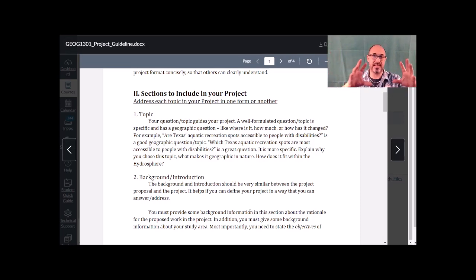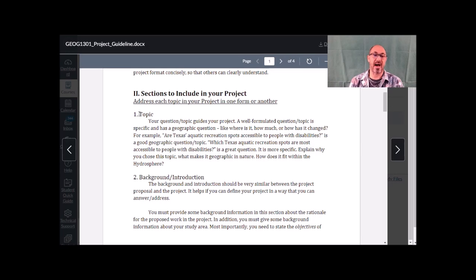Now, this doesn't mean take your project proposal word for word and then just add a little bit more to it. For every sentence or paragraph or point that you have created in your project proposal, you should expand that out fivefold or tenfold to create your final project.